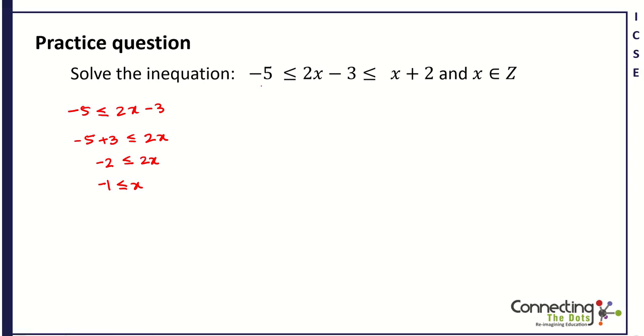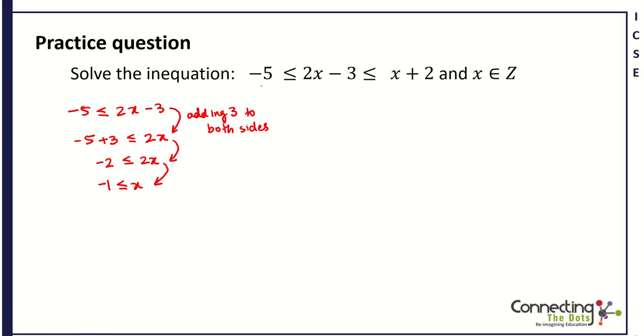How did we go from here to here? We went from here to here by adding 3 to both sides. How did we go from here to here? Well, it was just simplification. We added negative 5 and 3 and made it negative 2.